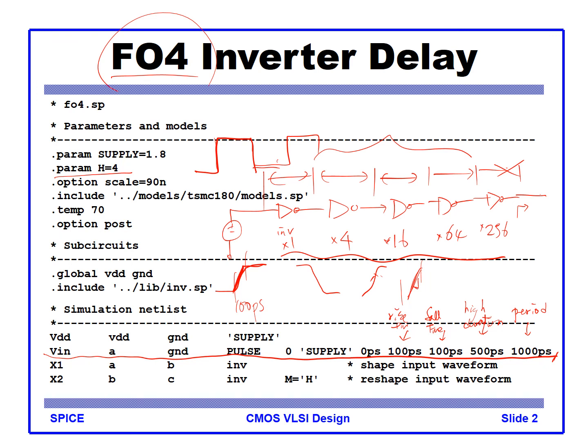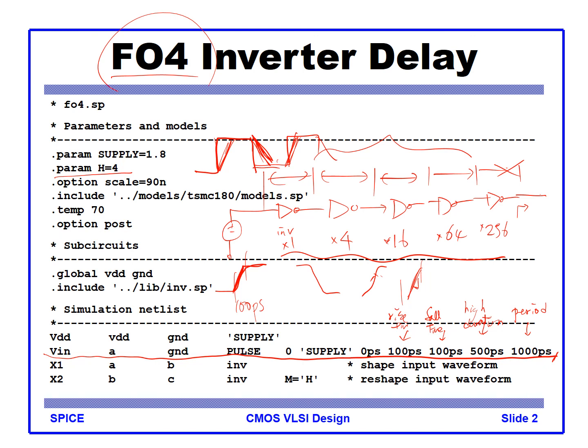The real case should be measured based on the real rise and fall times. So to measure the realistic delay based on realistic rise and fall times, we have to cascade multiple inverters like this.